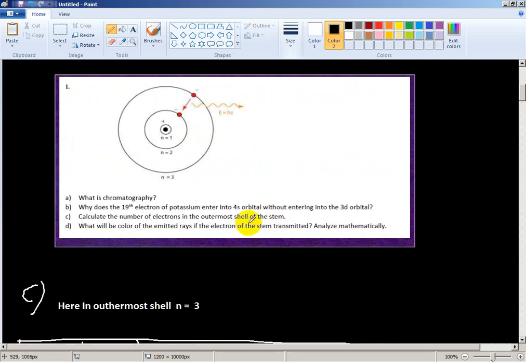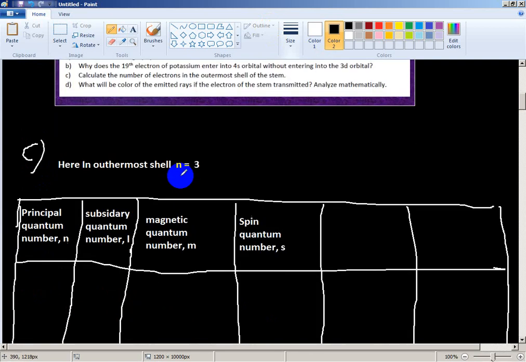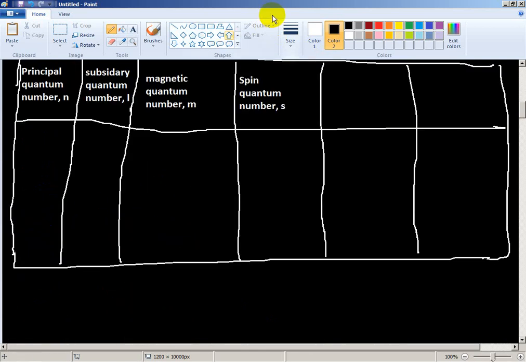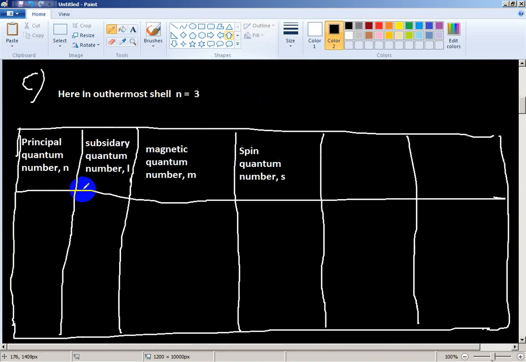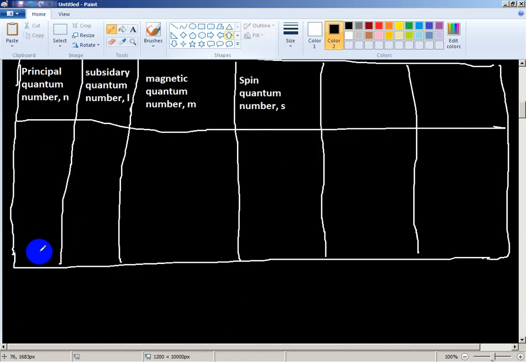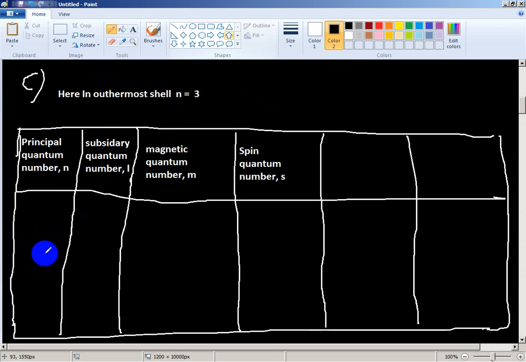What is the outermost shell here? Are you listening to me? What is the n value? Okay, here n equal to 3.